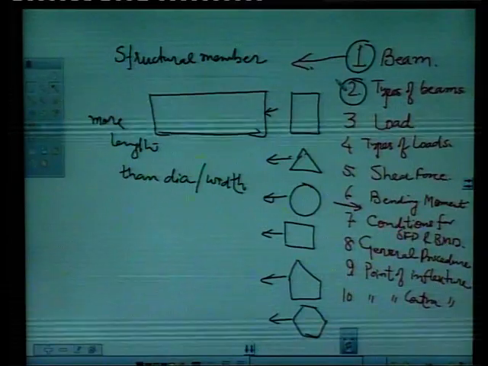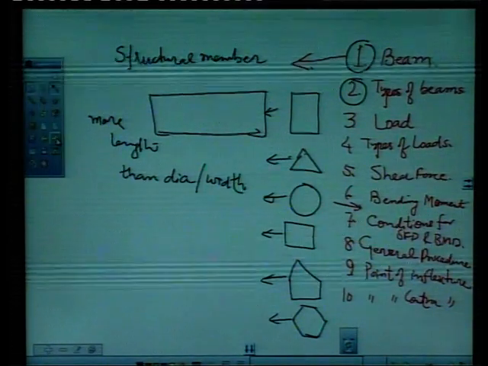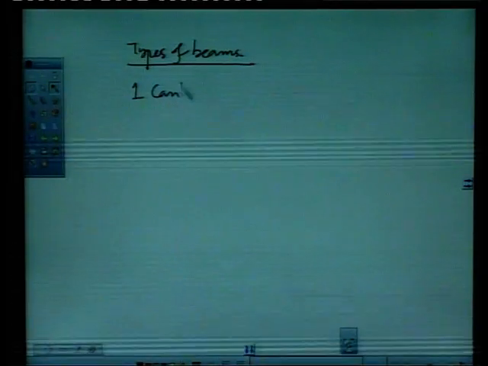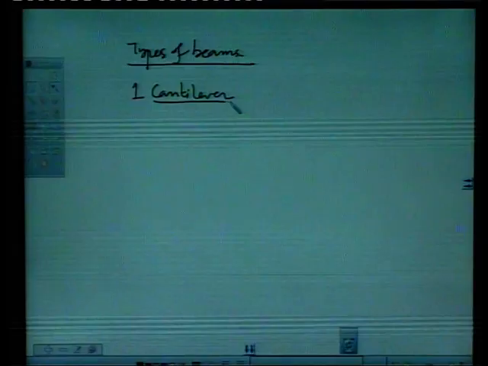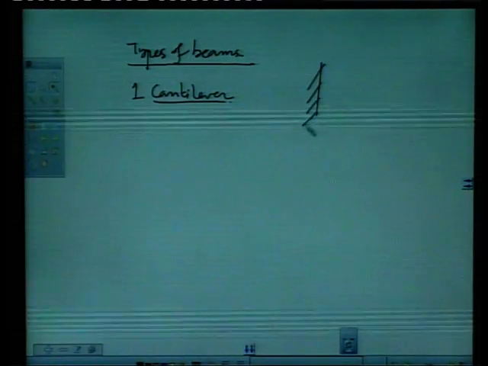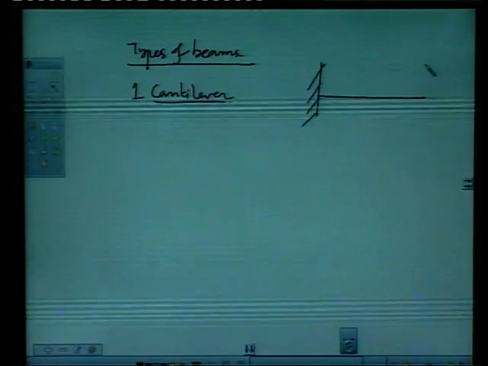Now coming to types of beams. The second topic is different types of beams. Number one is the cantilever. My dear friends, you all know what is a cantilever. A cantilever beam is that beam whose one end is fixed and other end is free.